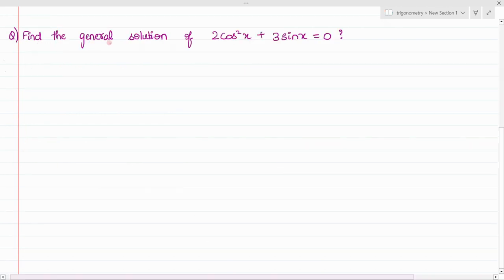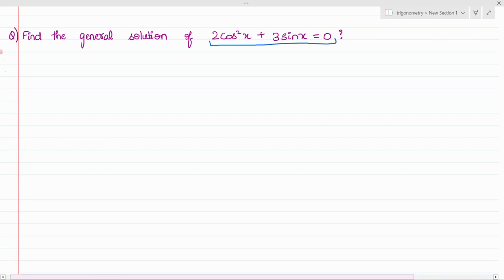In this question, we need to find the general solution of this equation. So here, let's see how we can do this. This cos square x can be written in terms of sin square x by using the basic identity. Why should we change like that? Why can't we change sin in terms of cos?